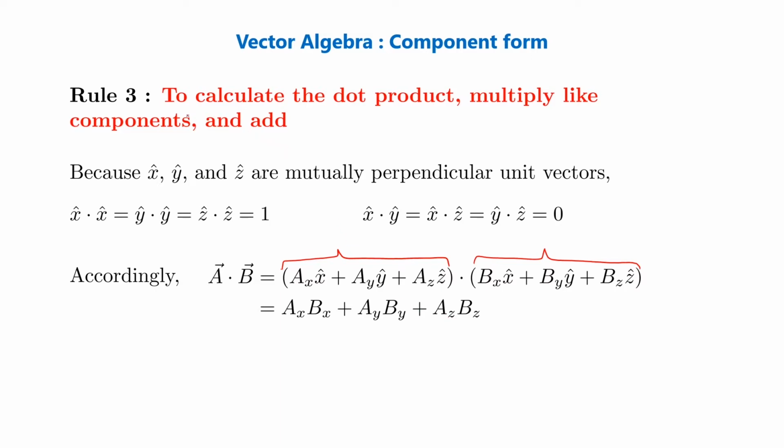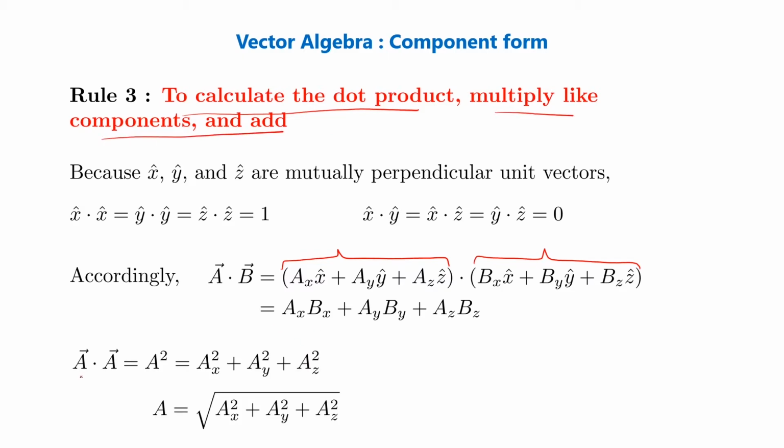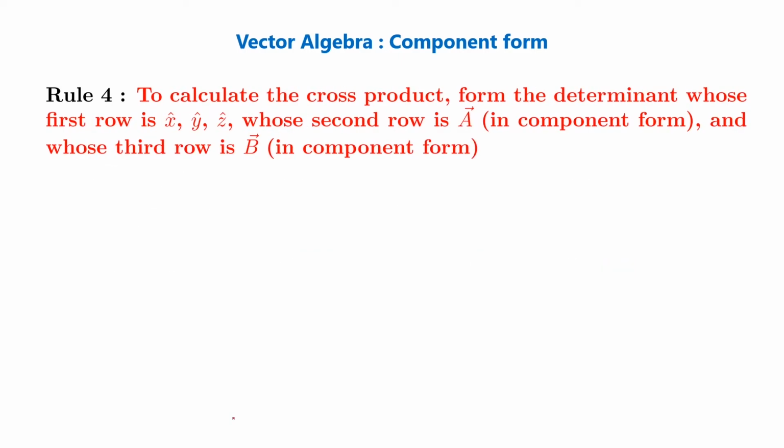So that means that to calculate the dot product, multiply like components and then add. The dot product of a vector by itself will be equal to a square, that is ax square plus ay square plus az square, or the magnitude a will be equal to square root of ax square plus ay square plus az square.